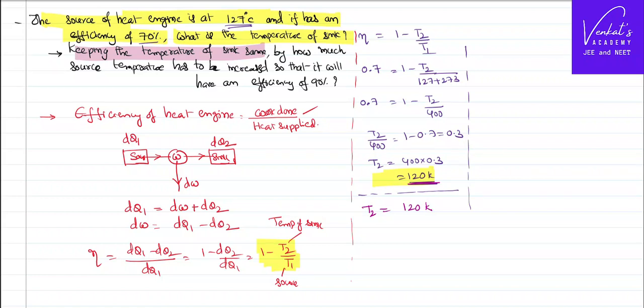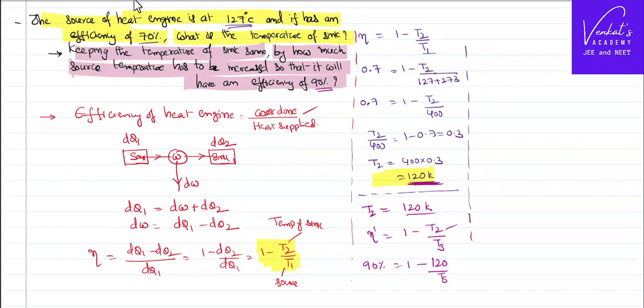Now the problem is by how much the source temperature has to be increased so that it will have a new efficiency of 90%. So if you write the efficiency formula now, efficiency dash, I will call it 1 minus T2 by temperature of source. New efficiency as per the problem is 90%. The temperature of the sink is kept the same as in the previous case.